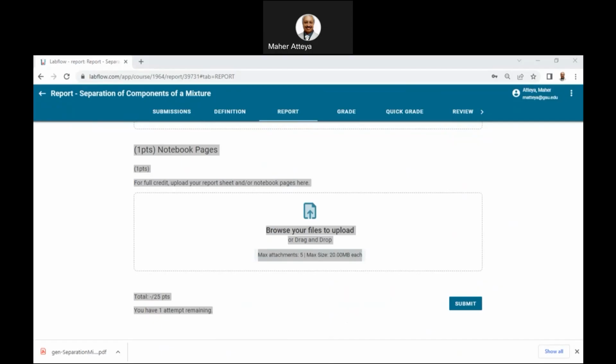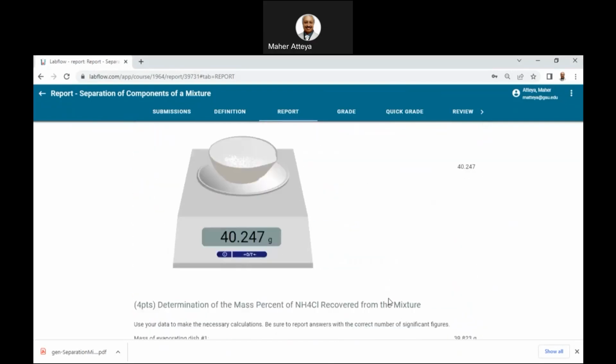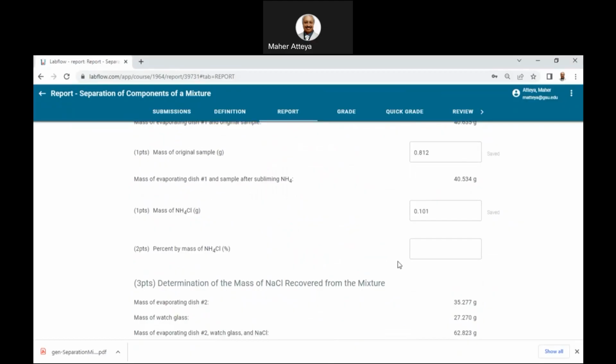So this one here, let me see here. So this one here, 0.101 divided by 0.812, multiplied by 100 is 12.4, correct? So just double check.